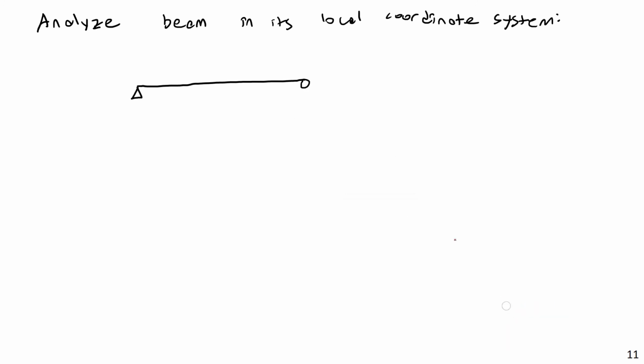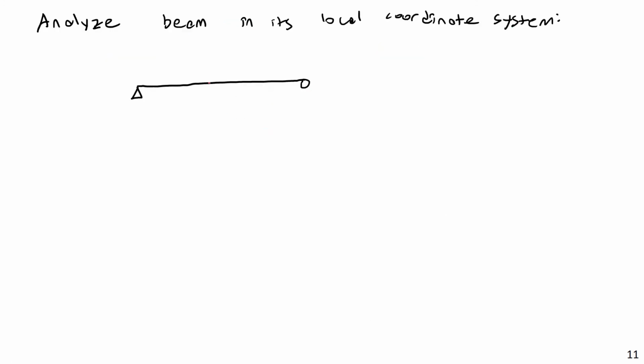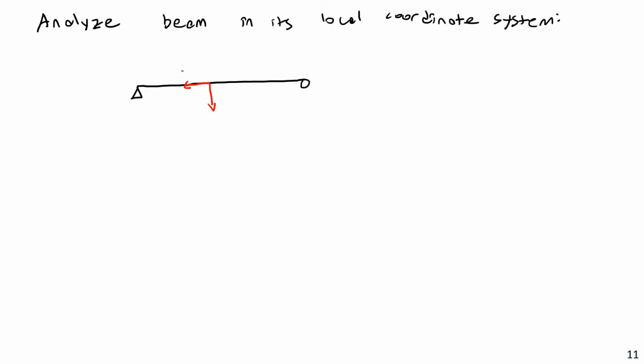Relative to this, the Fy is downward and the Fx is to the left. So I would have a force like this, and a force like this, and the Fx is going to be 6.4 kips and the Fy will be 4.8 kips.